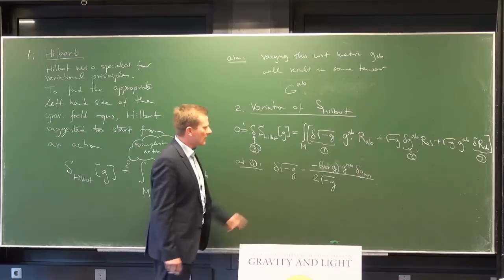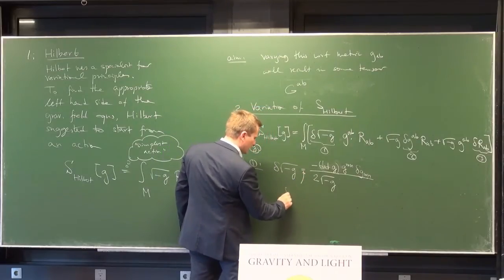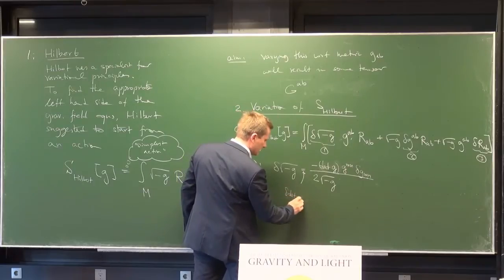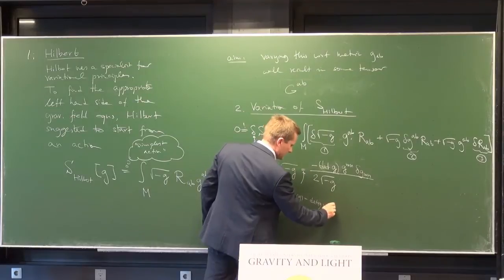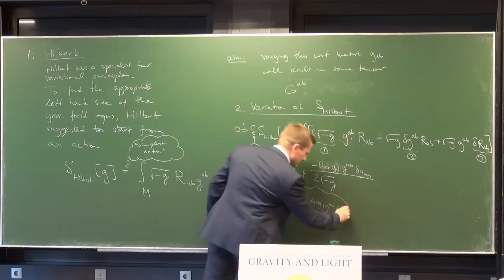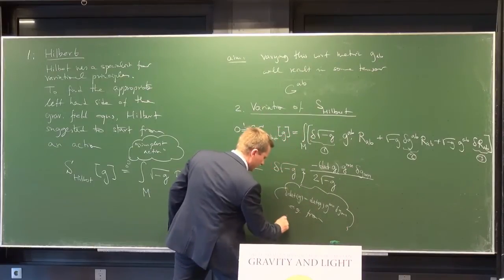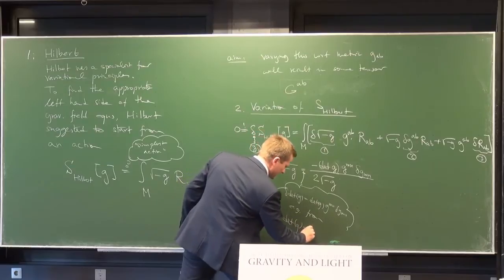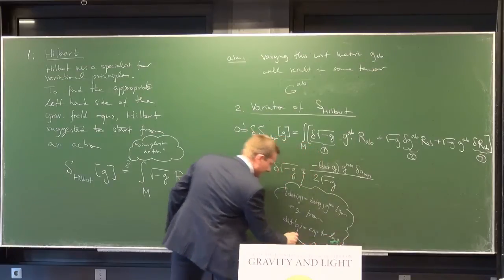Right. So how can you see this? In here goes that the variation of the determinant of g is the determinant of g times g^{mn} delta g_{mn}. How do you see this? E.g. from, I'm not going through this, the fact that the determinant of g is the exp of the trace of the ln of g.